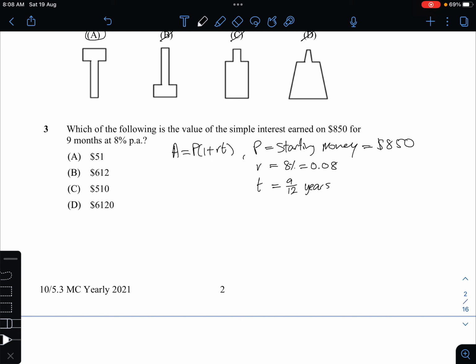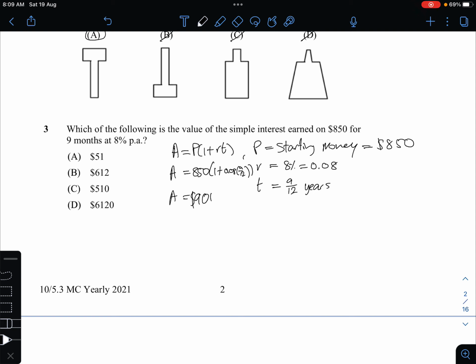So if you sub all that information in, A equals 850 times (1 plus 0.08 times 9 on 12), and if you put that in your calculator, it should equal about $901, right?